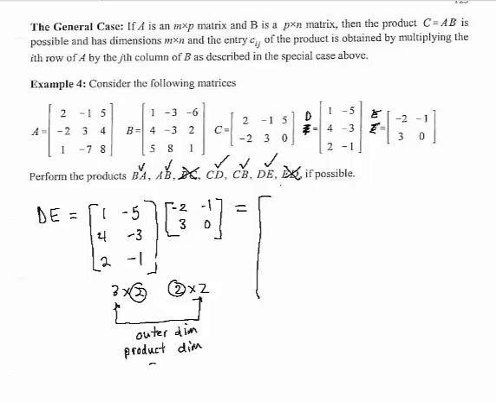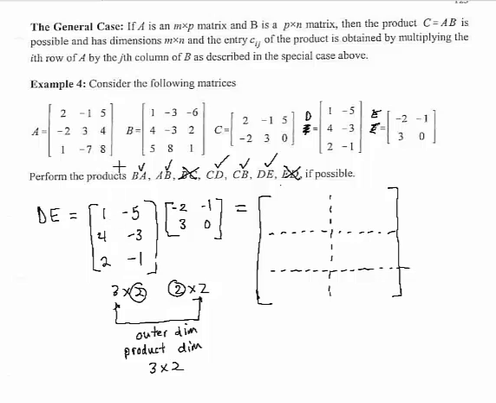And so we're going to get a 3 by 2. So 3 rows, I think I have enough space here for that, and then 2 columns. I'll separate this into columns and rows. Okay, so 1, 2, 3 rows and 1, 2 columns.